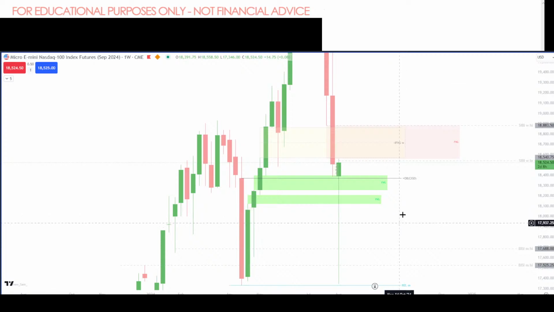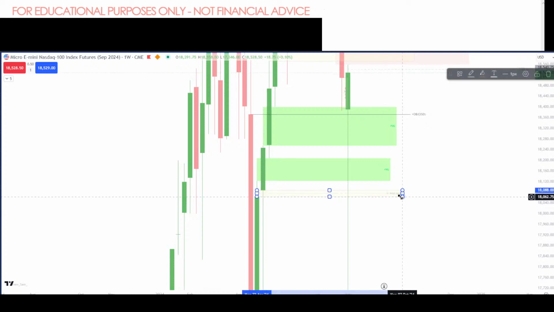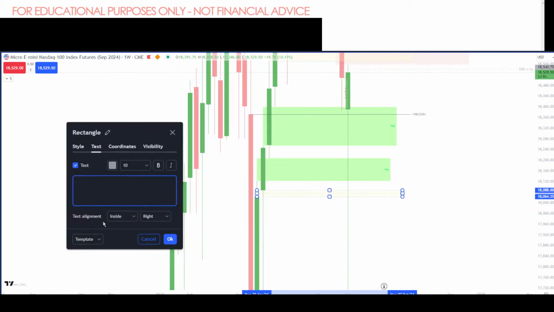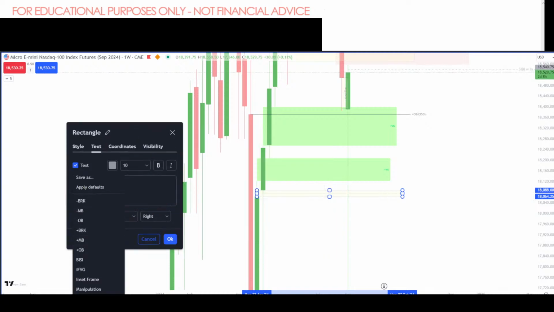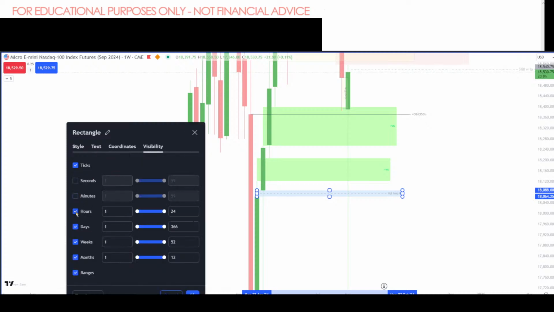I wonder if I have that already on a lower time frame, because I just might. We have a volume imbalance on the weekly. Visibility, don't need that on.